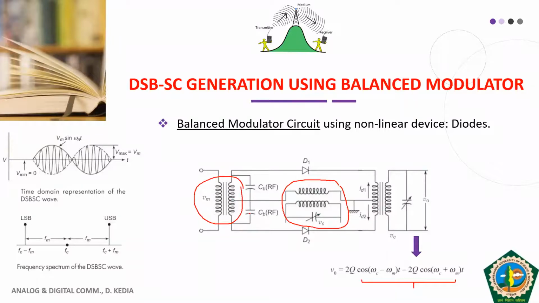If you look at the circuit carefully, concentrate on diode D1. Your VM is coming from the primary to the secondary. See, how does a center tap transformer work? At the center tap you have a common point, and normally we ground this point.